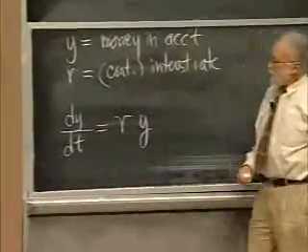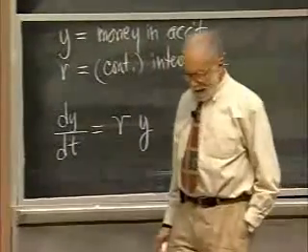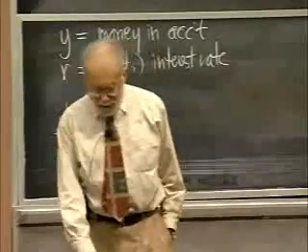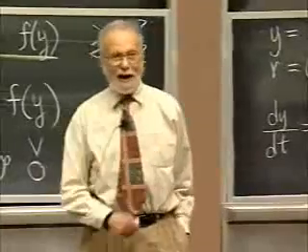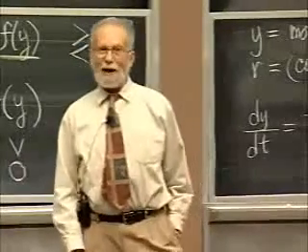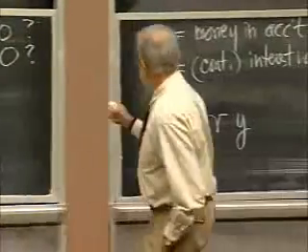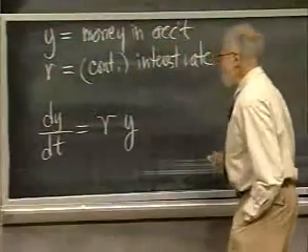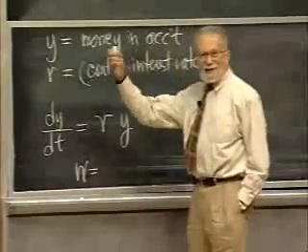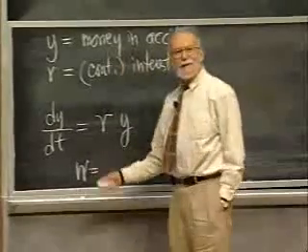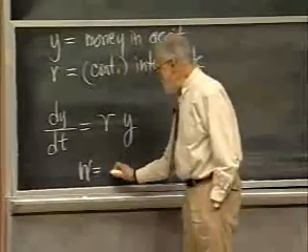Now, let's make it more interesting. Let's suppose there's a shifty teller in the bank, and your money is being embezzled from your account at a constant rate. So let's let W equal, or maybe E, but E has so many other uses in mathematics. W is relatively unused.